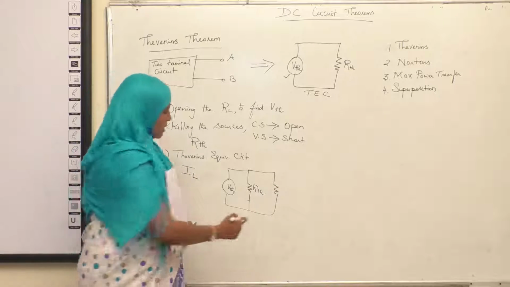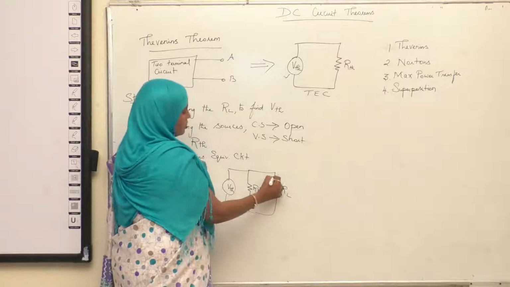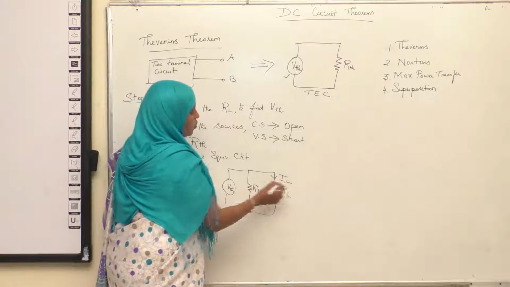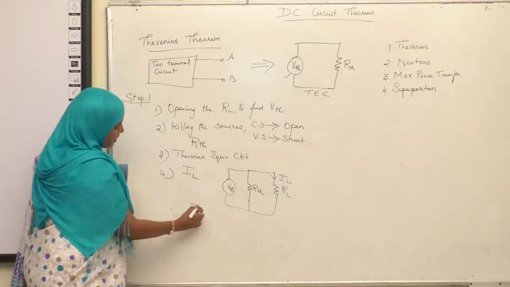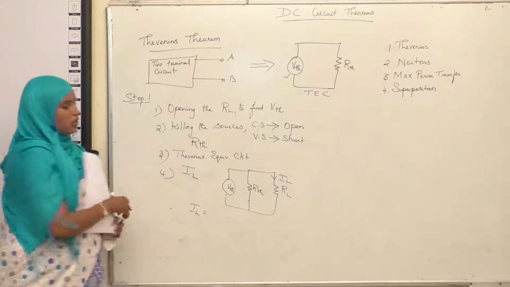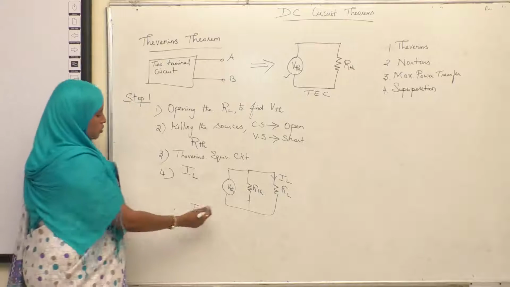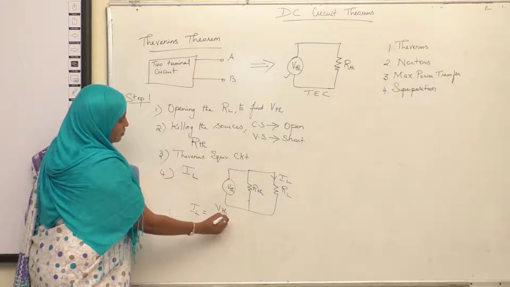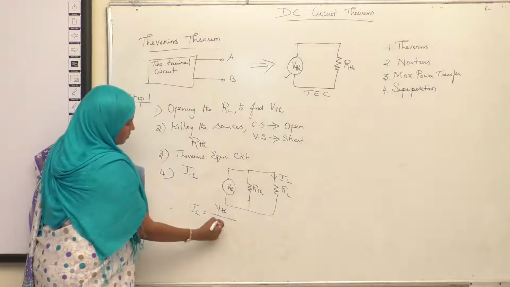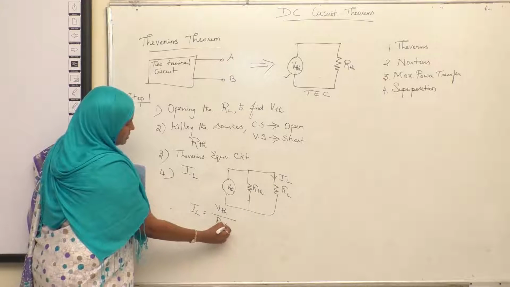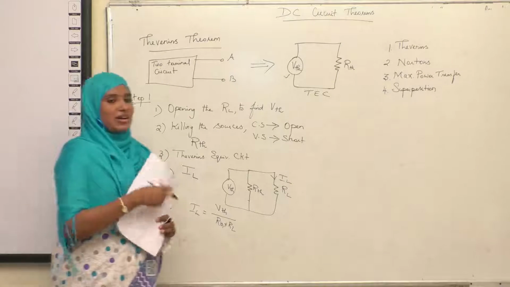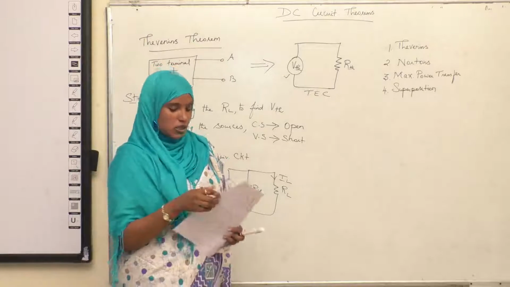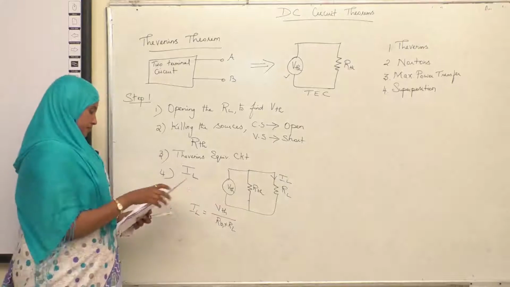Now add the load resistance RL here, so that the current flowing through RL is named IL. From this you can easily find IL by using Ohm's law: IL equals VTH divided by RTH plus RL. In this way, you can find the current through the load resistance using Thevenin's theorem.